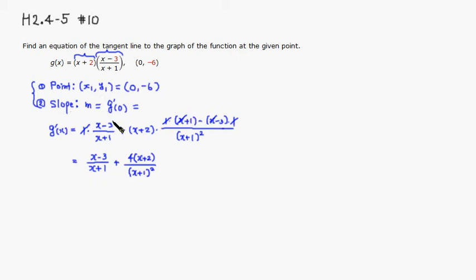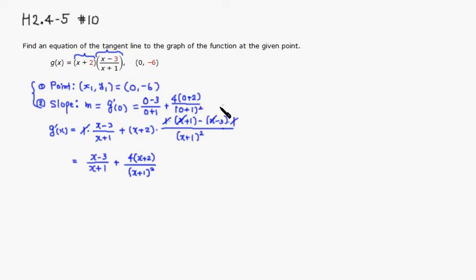This is simple enough. So all we need is to evaluate this function at x equals 0. So let's plug in 0. You will have 0 minus 3 over 0 plus 1, plus 4 times quantity 0 plus 2 over 0 plus 1 squared.